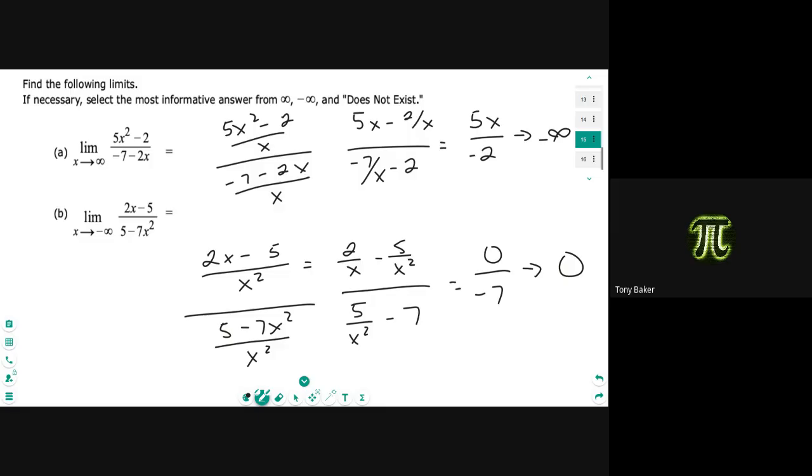That's the theorem that we looked at in the last lesson, the one I did on Tuesday. Anything, 1 over x to any exponent, the limit of that always goes to zero. That's why this rule and the way we do it works. If that wasn't true, none of this would work.